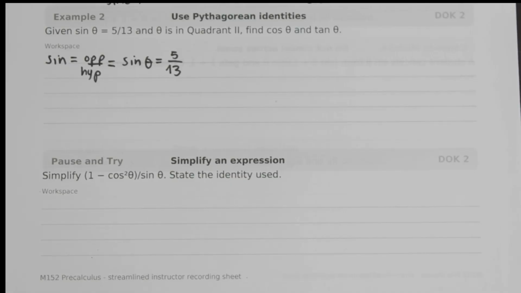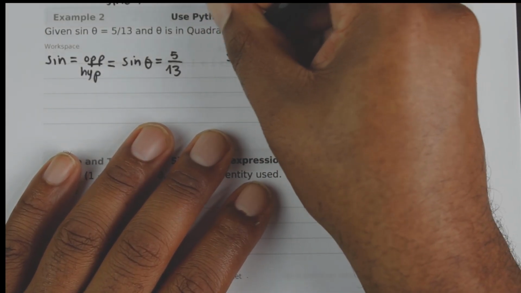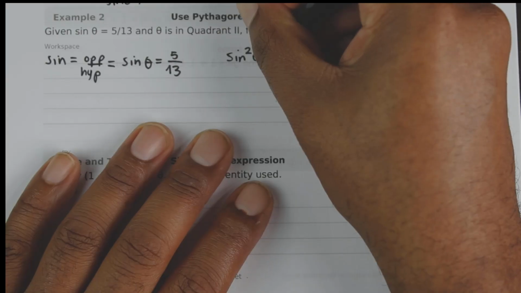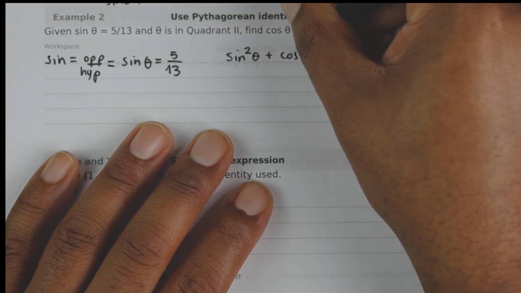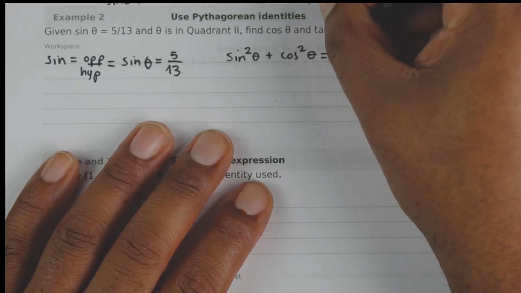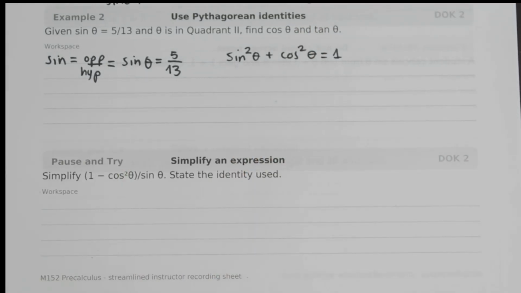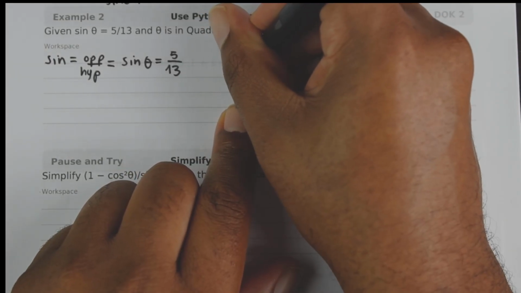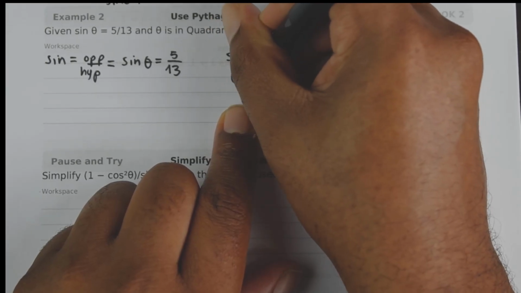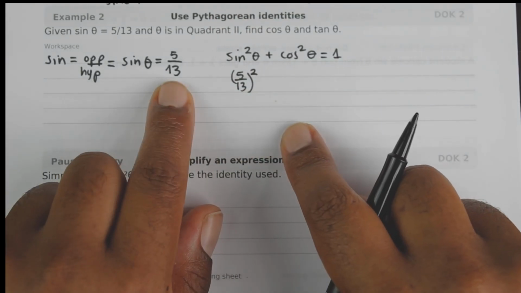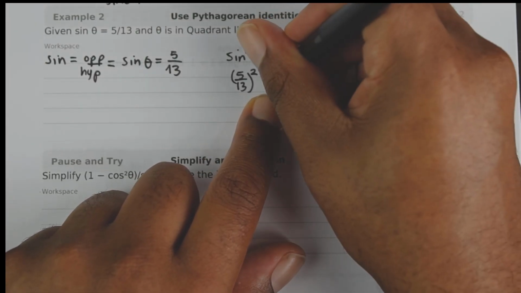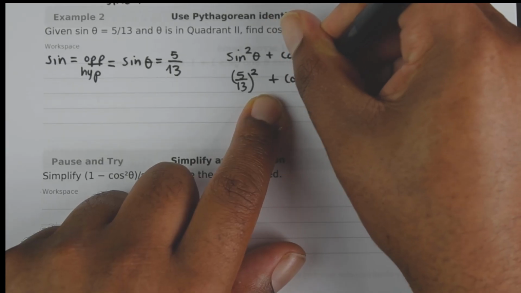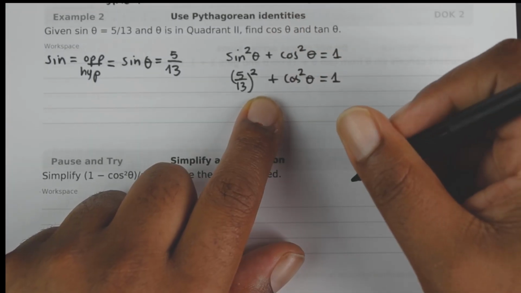So using the Pythagorean identity, sine squared theta plus cosine squared theta equals 1, we need to substitute sine theta as 5 over 13, squared. Because sine theta is 5 over 13, we're going to square that and add cosine squared theta, equals 1.